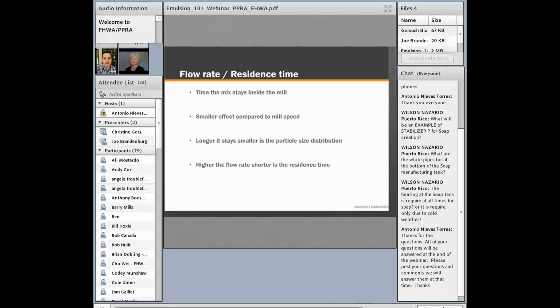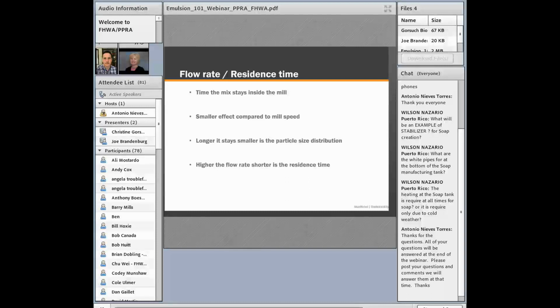Well, the greater the back pressure, the longer the asphalt and the soap stay in the mill. I mean, this is just a fraction of a second longer, but when you're able to keep your asphalt and your soap in the mill head longer, you can expect smaller particles, which is much better for your particle size distribution.